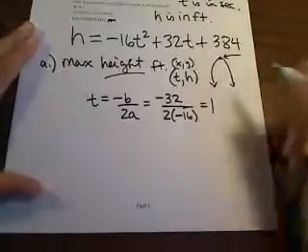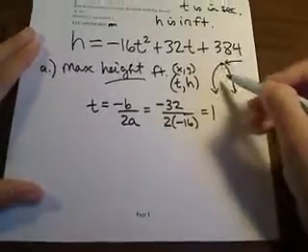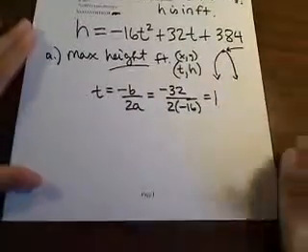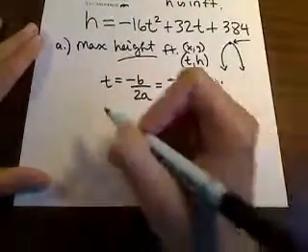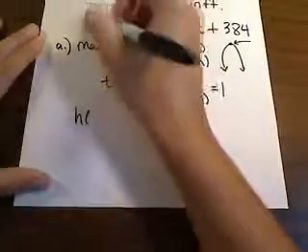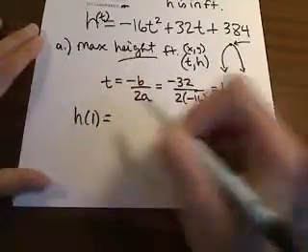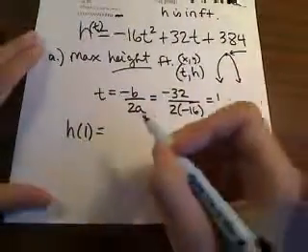What this means is that at t equals 1 second, we're going to be at our maximum height. Then to find the actual maximum height, if we call this h of t, a function of t, we plug that 1 in, so everywhere there's a t, I plug in 1.